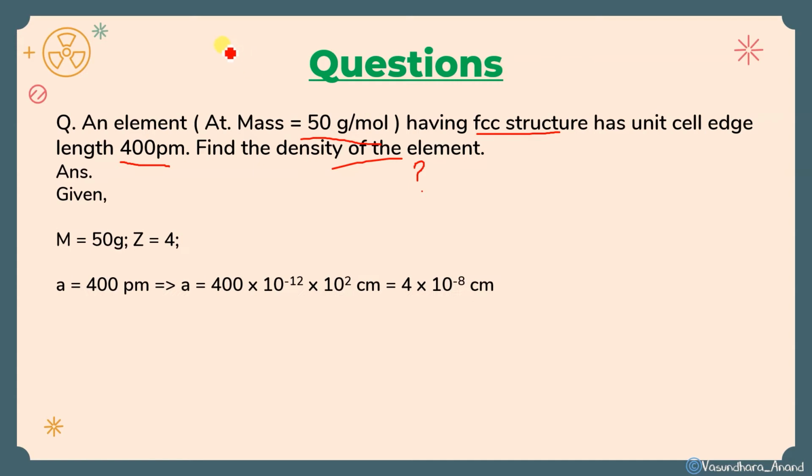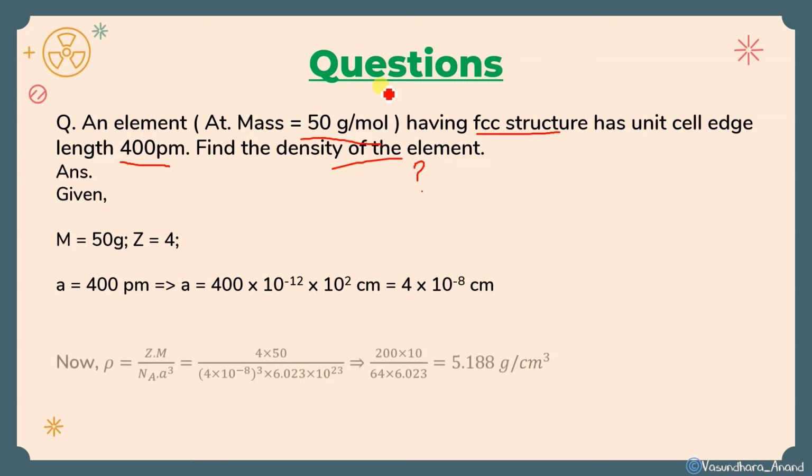Here mass is equal to 50 gram. Yes, atomic mass is given. Z is equal to 4 because of FCC, a is 400 picometer. Convert it into centimeter. So this will be 4 into 10 to the power minus 8 centimeter. If nothing is given, you can write in gram per picometer cube also. But most probably the most acceptable one is centimeter.